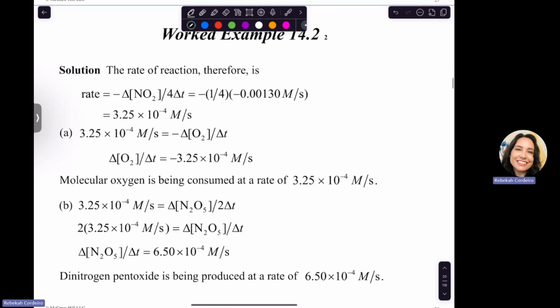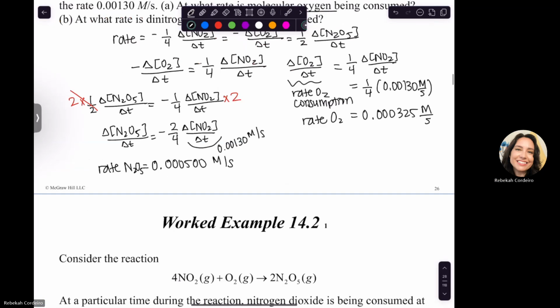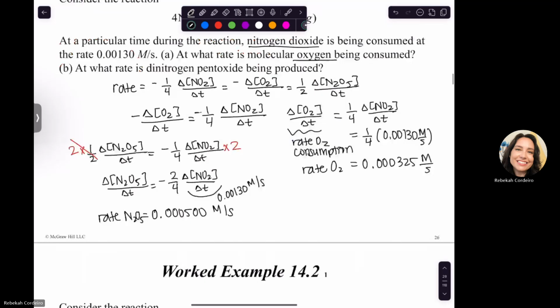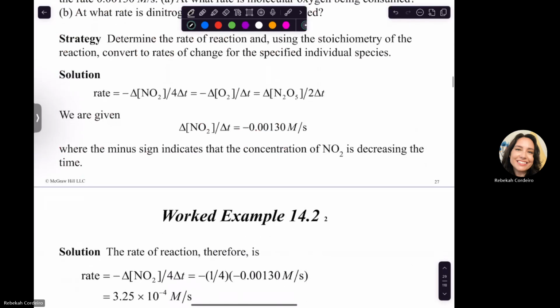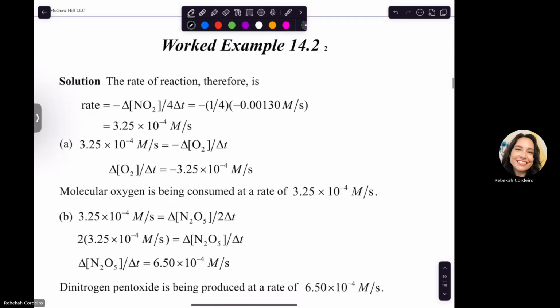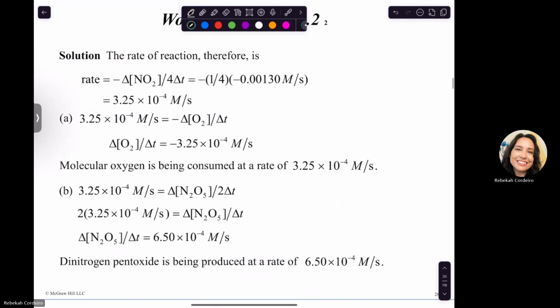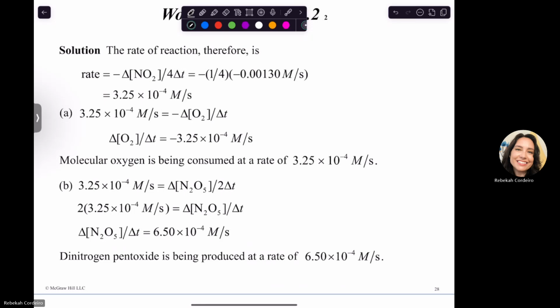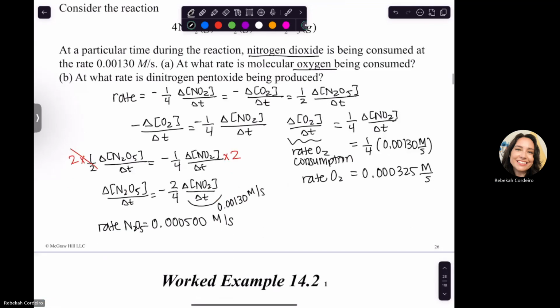I got 6.5. What did I do differently? So they use the oxygen here, and said that the oxygen into N2O5 would be twice the oxygen.